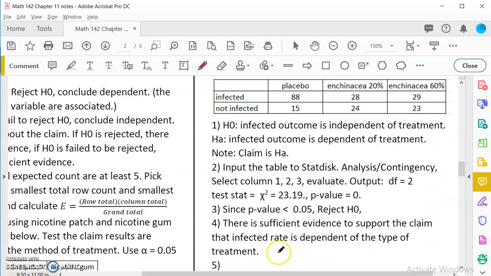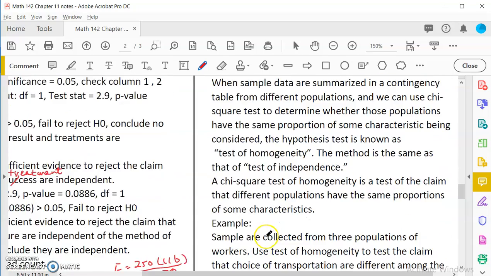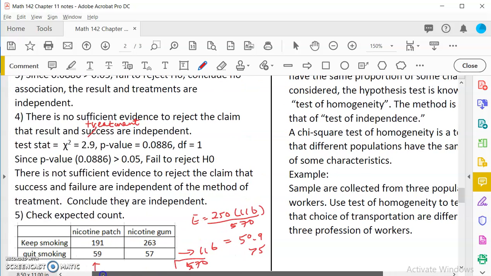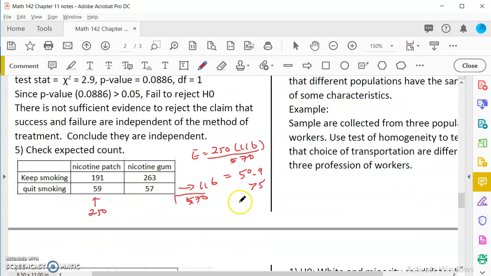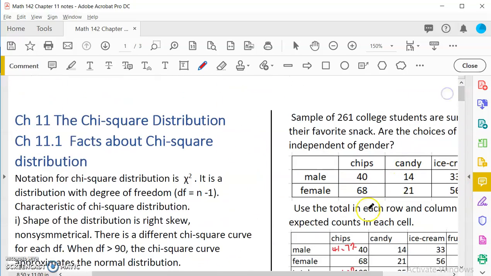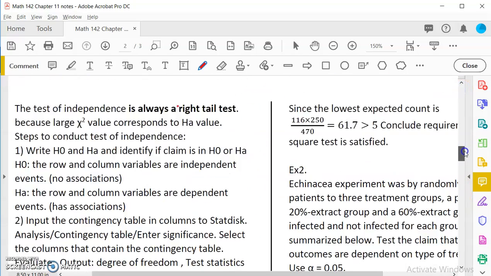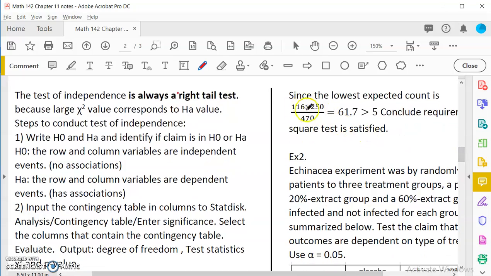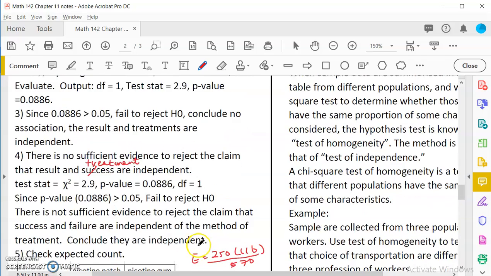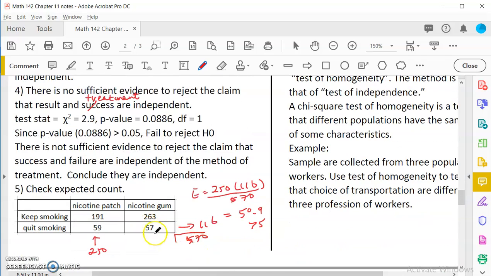So is it 61? How come I got 57? Did I put something wrong? I'll fix this. Oh, maybe the total is wrong because I get 570, but that one is 470.